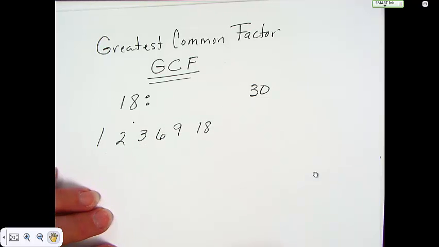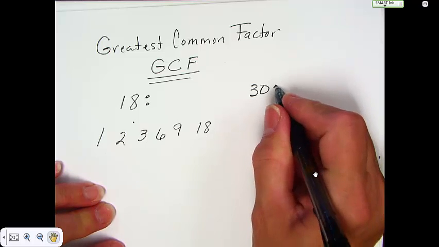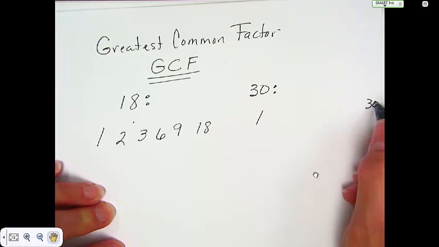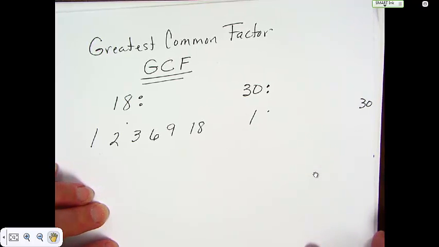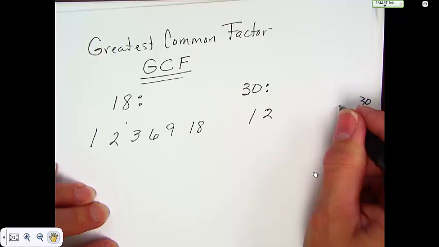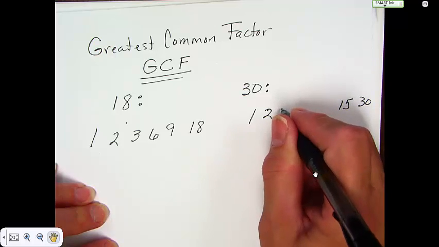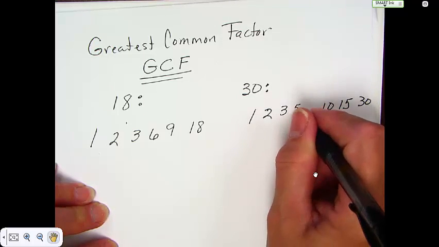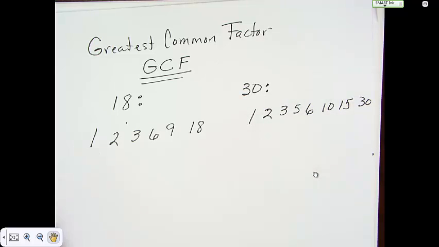Okay, that works. And then we have 30, which we have 1 and 30. 2 and 15, 3 and 10, 5 and 6. So there's our factors for 18 and 30.